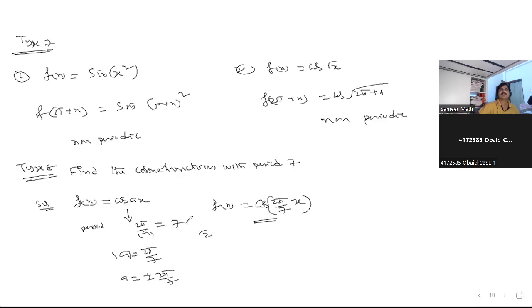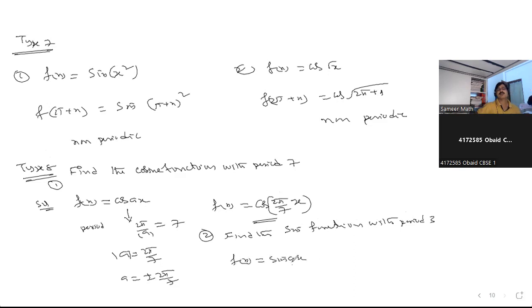I want to take a second example. One more example I want to take here. You please see this. Same as it is. Find the sine function with period 3. So here you take f of x is equal to sine ax.